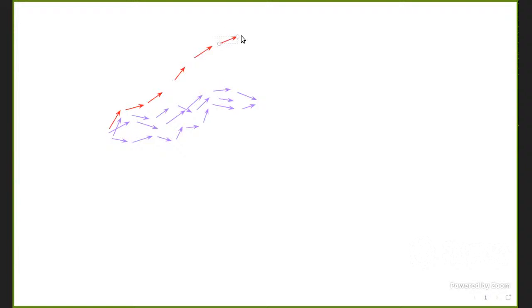So your error might be as big as this, and it compounds in the number of time steps in a squared way. So typically the error is squared in the number of time steps that you need to follow the imitator's policy.